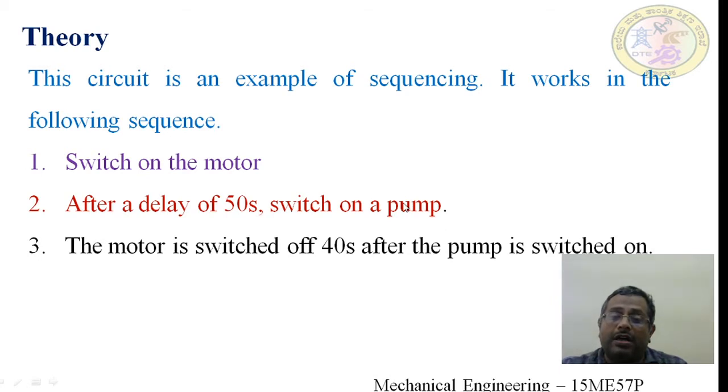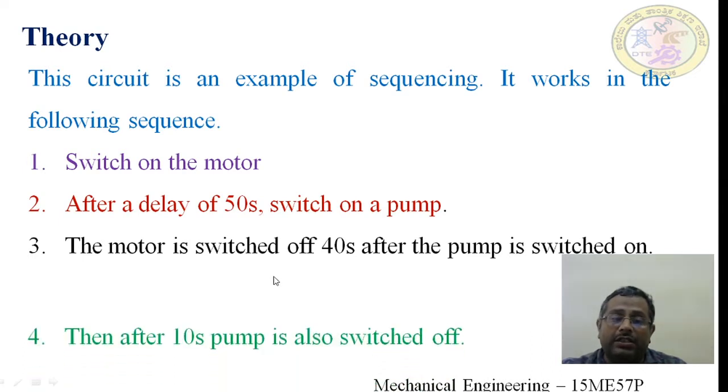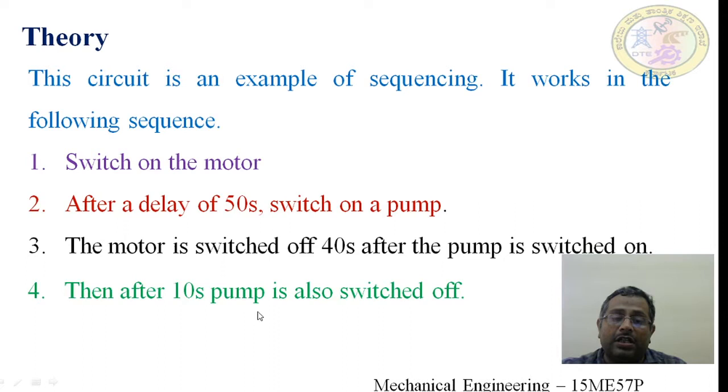After the pump is on, for the next 40 seconds both motor and pump will run together. After 40 seconds of pump on, the motor will switch off first. Then after the motor is switched off, the pump remains on for 10 seconds and then it is also switched off.